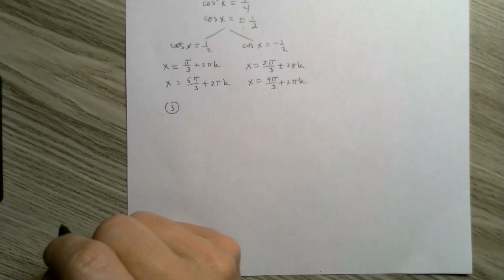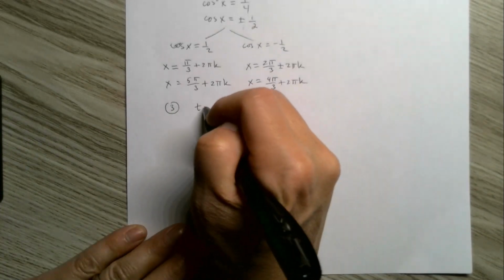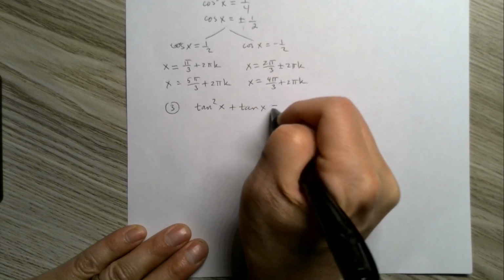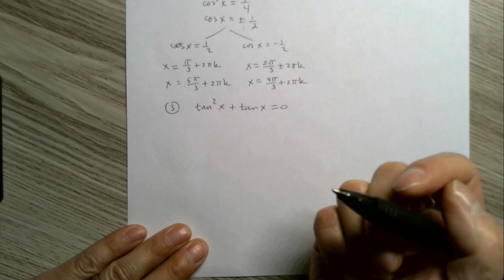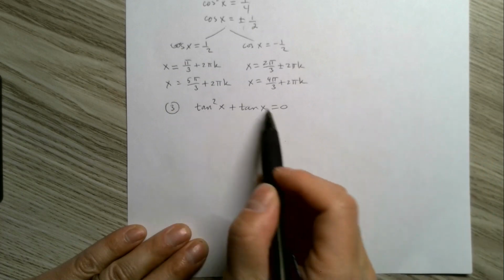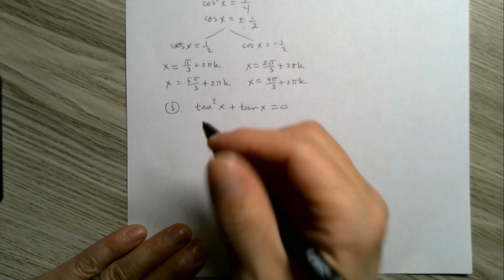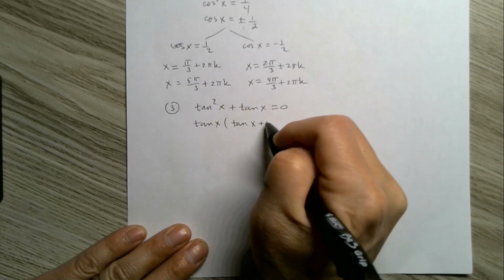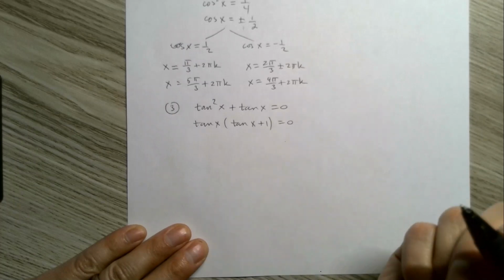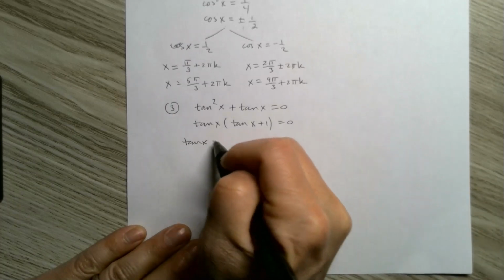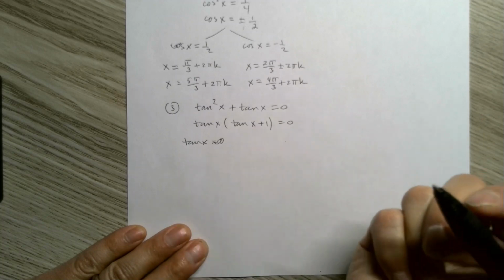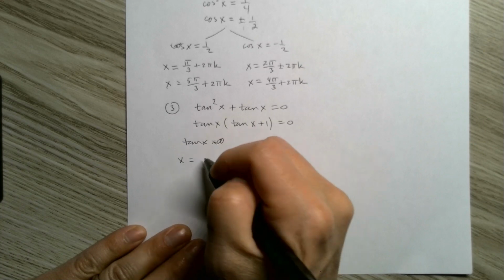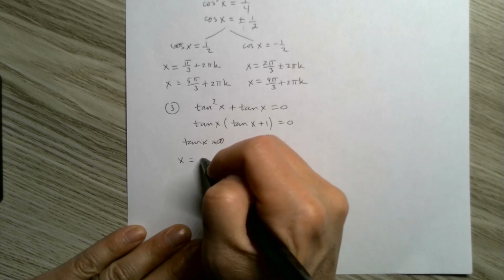We will need some factoring for this one. Remember, treat this like x squared, treat this like x, so I'm going to take the GCF out, which is tan x. And if tan x is 0, then x would be pi k.